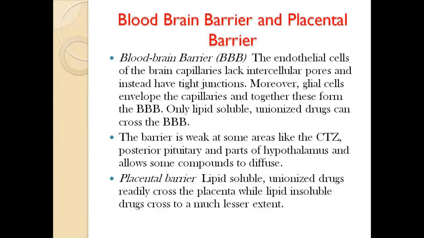Moreover, glial cells envelop the capillaries and together these form the blood-brain barrier. Only lipid-soluble unionized drugs can cross the blood-brain barrier. The barrier is weak at some areas like the CTZ, posterior pituitary and parts of the hypothalamus and thus allows some compounds to diffuse.